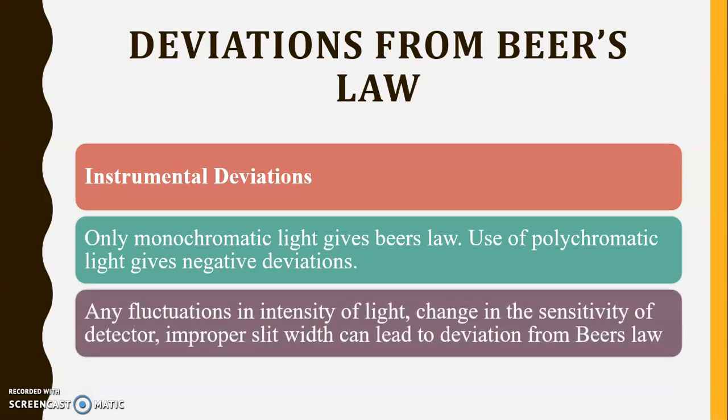Any fluctuations in the intensity of light, change in the sensitivity of the detector, as well as improper slit width can also lead to deviation. All these are considered instrumental deviations. So whatever deviations we have seen may be categorized as true, chemical and instrumental. These are the various deviations that occur in Beer's law.